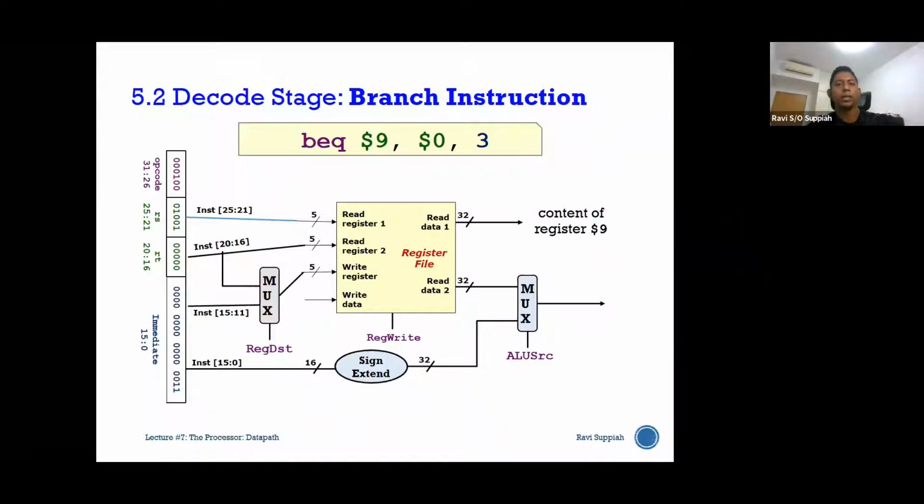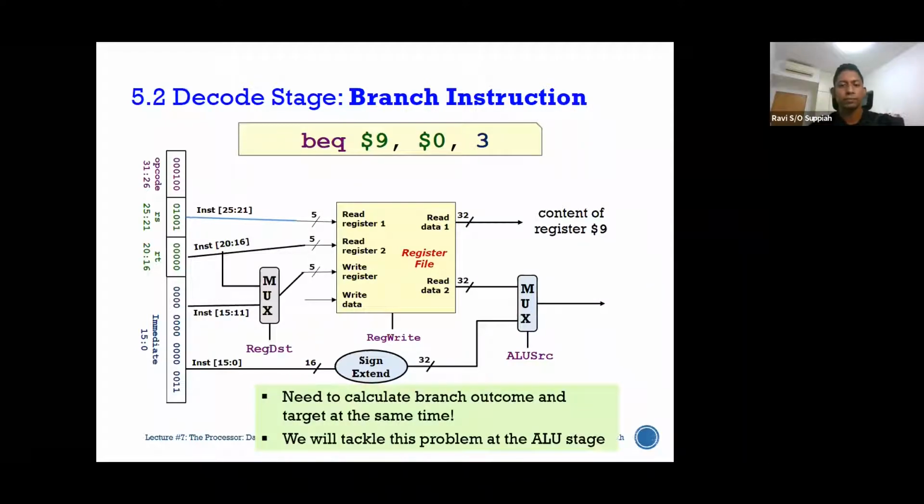Okay, how about BEQ? For BEQ, you have two data, register 9 and register 0. This here is your 9 and this here is 0, and this is your immediate value 3. I'm supposed to do a branch if the contents of register 9 and register 0 are the same.